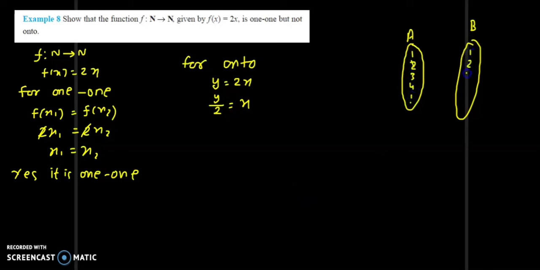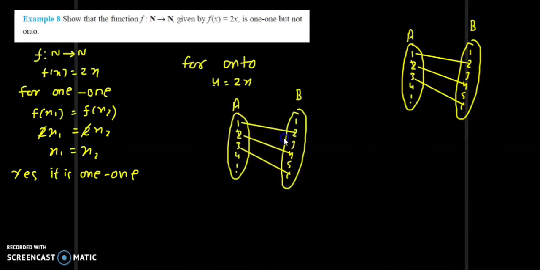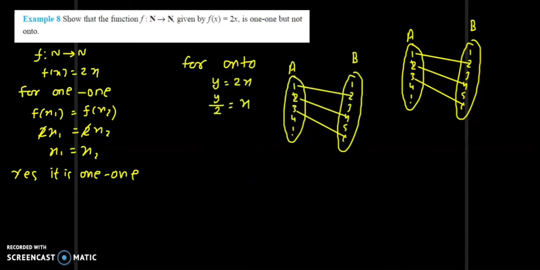When you put the input 1, it gives 2, 2 gives 4, and 3 gives 6, like this. Take this as an example here.